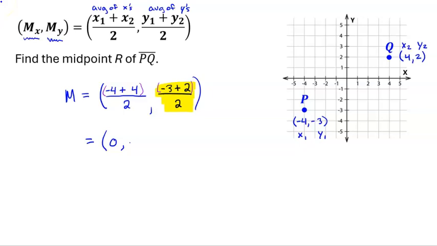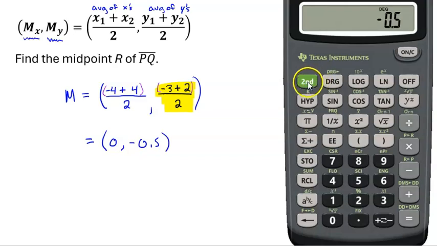And so I could leave it like this. Or I'm going to hit second and then F to D, which is this bottom left button. And it tells me that we could also write this as negative 1/2, and that's just the fraction bar here. That's how it shows up on these particular calculators.